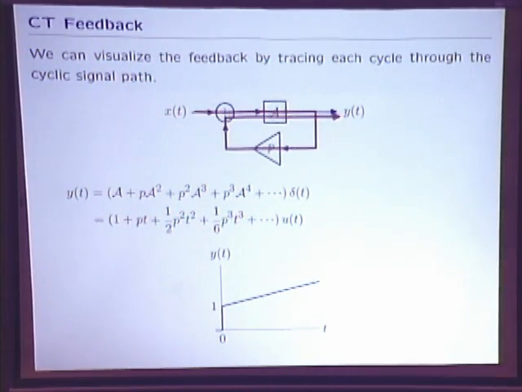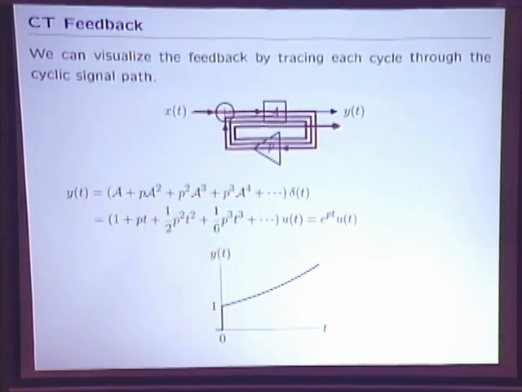So that's this term, P times T. So we get the unit step from the first term, which looks like this. We get the linear increase from the second term. We get a squared term. We get a cubed term. And voila, we get the series expansion for e to the pt.